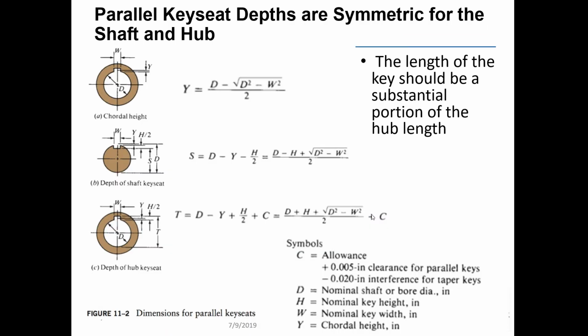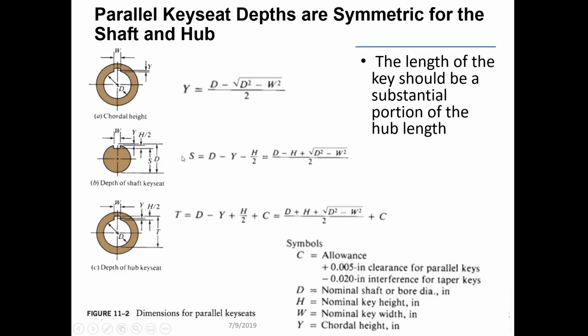Parallel keyseat depths are symmetric for both the shaft and the hub. And the length of the key should be a substantial portion of the hub length, and we're going to show you how to calculate that. To use these diagrams, if you were to make a drawing of a hub or a shaft, you have to be careful what the formula is referring to. In this case, the formula for y is the distance from this little point here where the arc ends to the center line of the key, so a very small number.